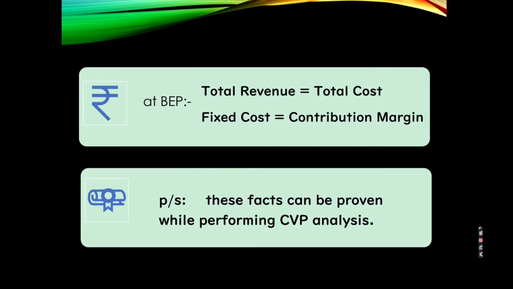At BEP, the total revenue equals total cost and the fixed cost equals the contribution margin. These facts can be proven while performing CVP analysis.